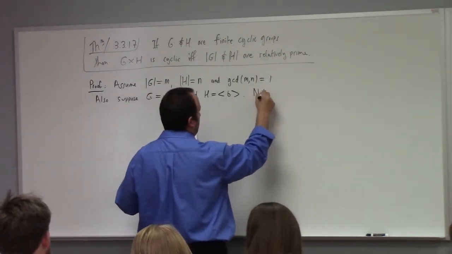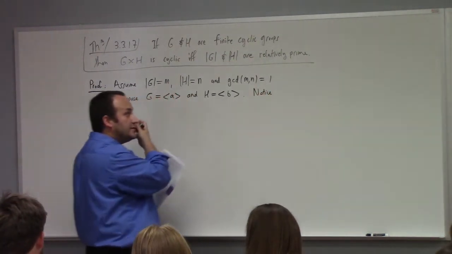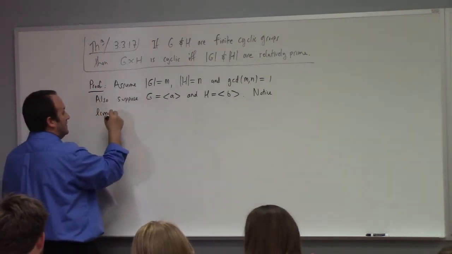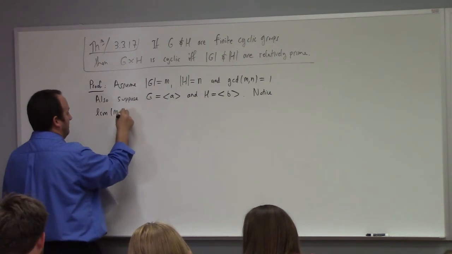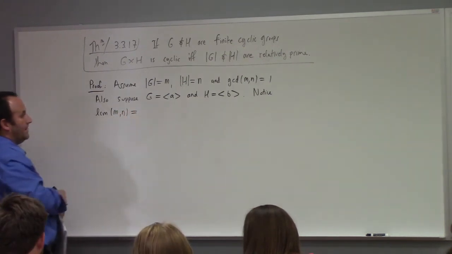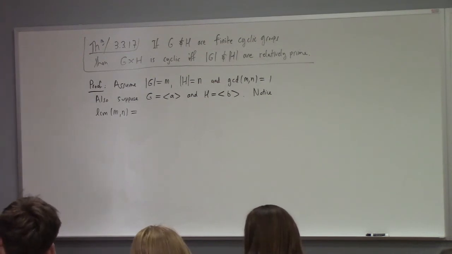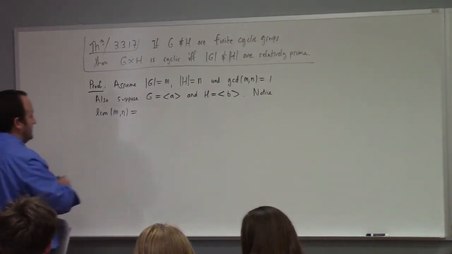Notice that the least common multiple of M and N is equal to what? If we have two relatively prime numbers, what's their least common multiple? Just their product, right? So this is MN.